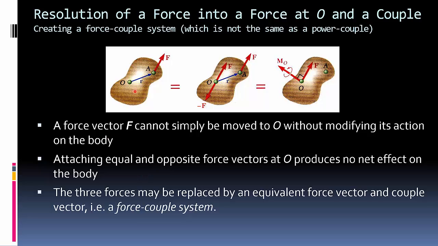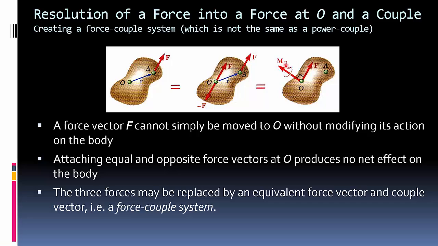So we've gone from having a force here to a force in the same direction. That force has to stay in the same direction, because translation is pretty straightforward. Whether the force is here or here or here, it's going to try to make the body move in one direction, but the rotation is what changes. When we move the force from here to here, we change its tendency to rotate.